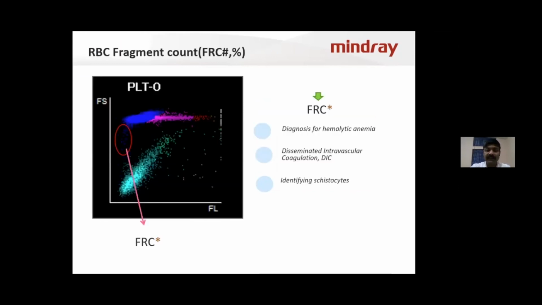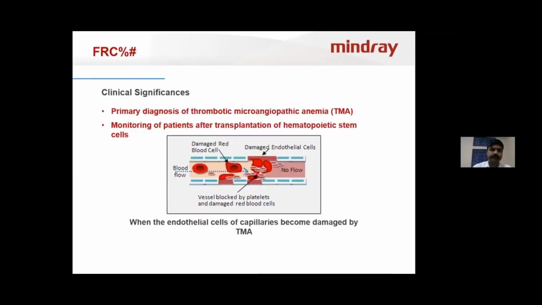As you all know, FRC can be a supporting parameter in identifying DIC. In DIC, you can see FRC, and we have already developed a cutoff for this FRC percentage in adults. So 1% is the cutoff for the FRC in adults for identifying the abnormal red blood cells.